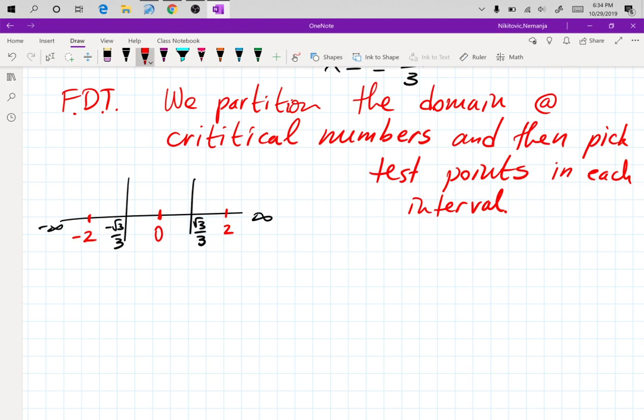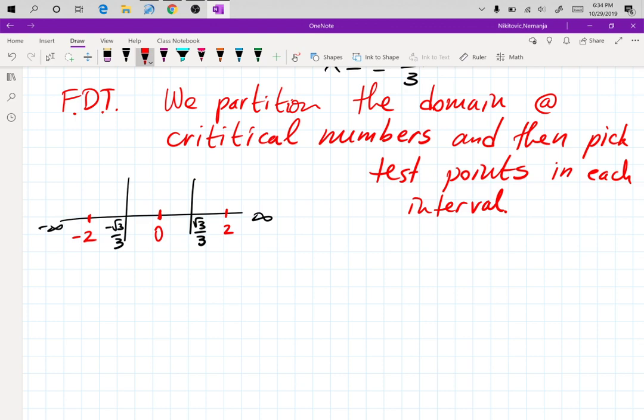We have 3 regions: from negative infinity to negative root 3 over 3, then from negative root 3 over 3 to positive root 3 over 3, and the third region from root 3 over 3 to infinity. So I have 3 regions. I have to pick a test point, and those are your c's. Those are the ones you are testing, looking for the derivative to be smaller or larger than 0.